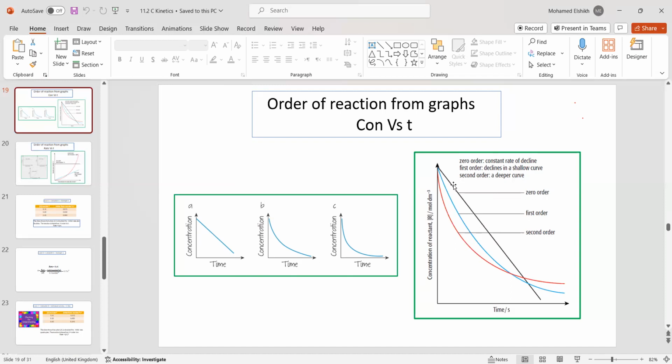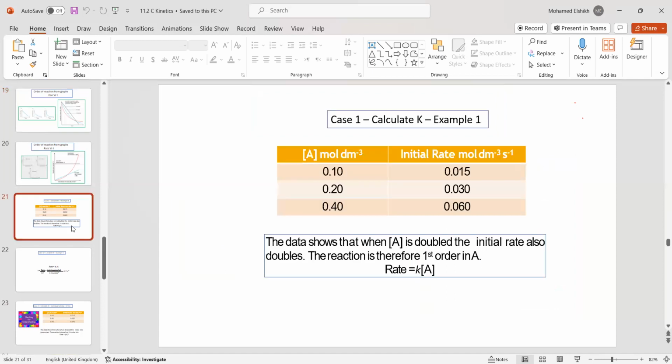So if you have an inverse relation like this one, it will be zero order. And if you have a relation similar to the one in blue, it will be first order. And if it is very steep as compared to the blue one, then we can call it second order. Okay, so this shape here summarizes three of them. This is important for the exam. You should make sure that you know it.